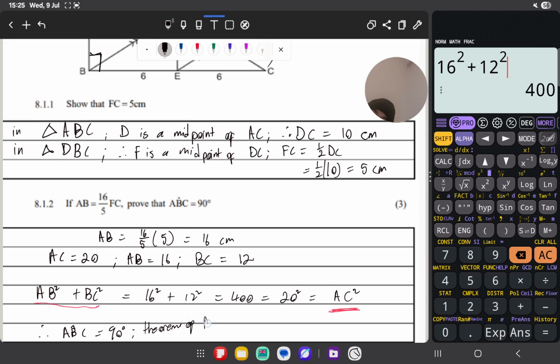And because it works, we conclude that we have a right angled triangle, saying that the angle has to be 90 degrees. Do you see it?